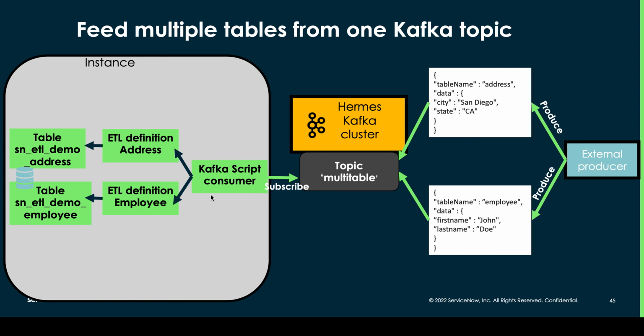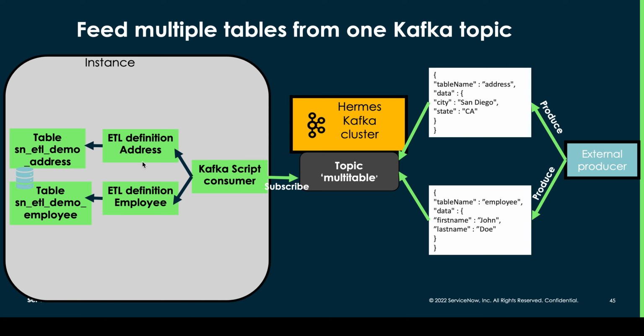On the left side is all the configuration points. So if you want to reproduce that type of configuration in a lab or in a test environment, you're going to have to create a Kafka Script Consumer and as many ETL definitions as you need. So if you have 2 tables, you need 2 ETL definitions.